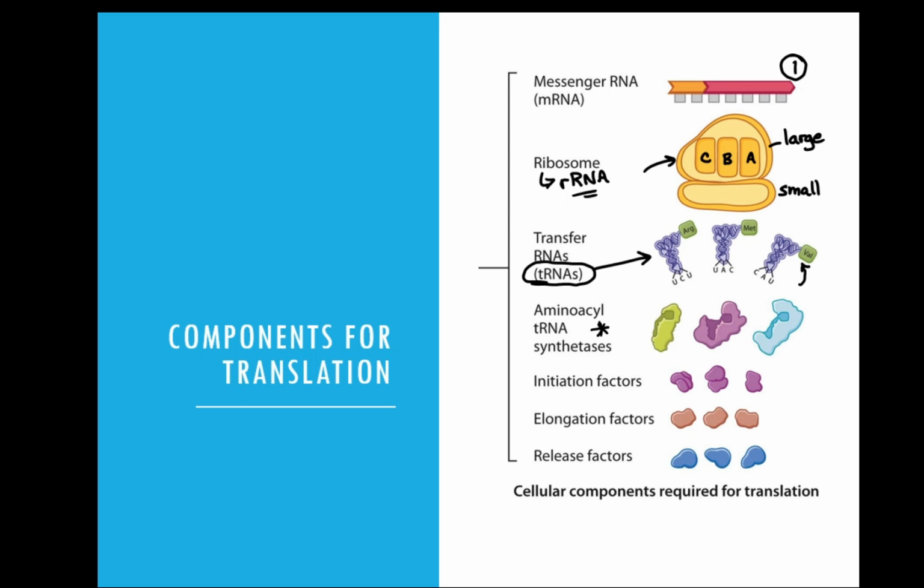And then when you reach that stop codon that we talked about, right, that's the stop sign, this is the end of the protein, you now have to kind of break the whole thing apart. So there are proteins called release factors that help disassemble the whole big complex. Okay, and then it can all be recycled to start something else. Okay, does that make sense?